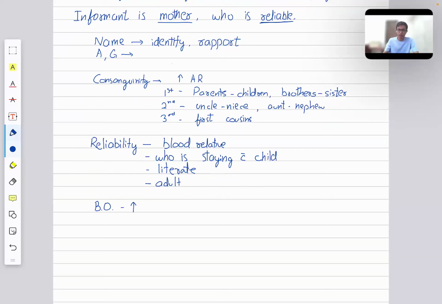A higher birth order would indicate a high maternal age. One can also inquire about diseases in their siblings. And with a higher birth order, there is an increased risk of neglected child. All right.